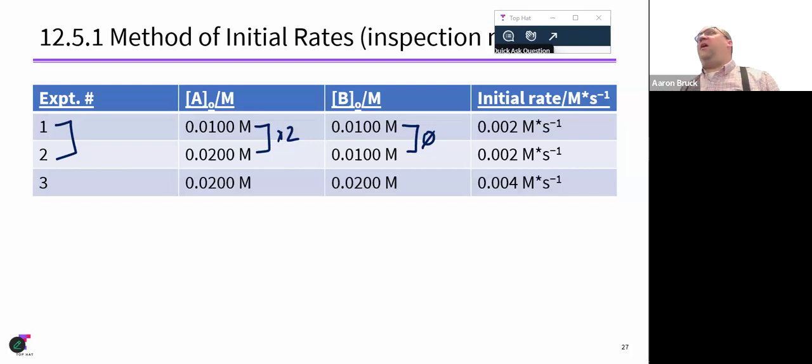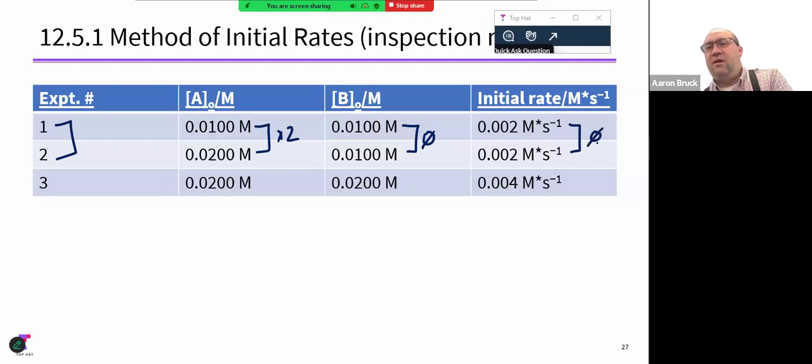What is the impact on the rate if such and such happens? The only thing is that we don't know what the order is yet. We know what the change in rate is instead. So we're kind of working in the opposite direction. But we can see that the initial rate did not change, even though we changed the concentration here.